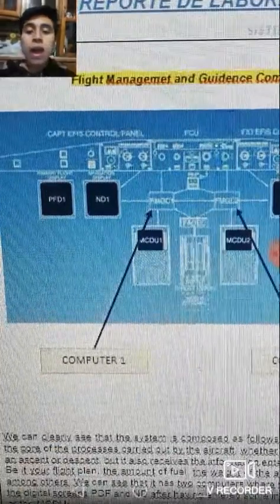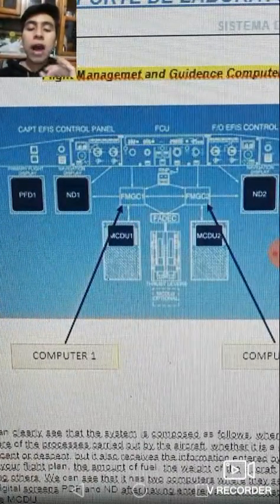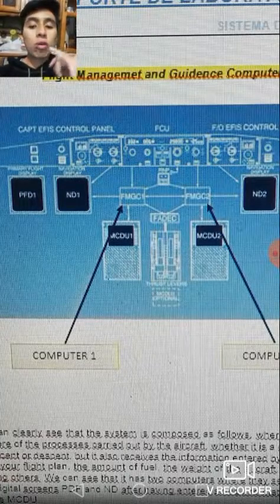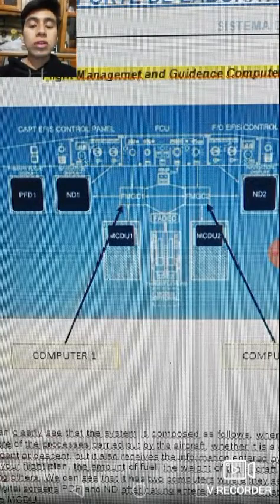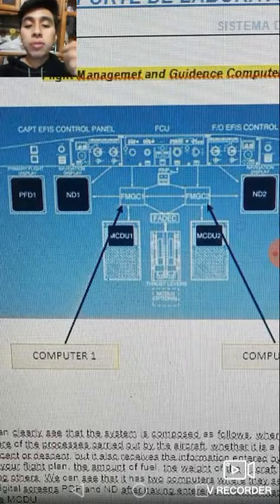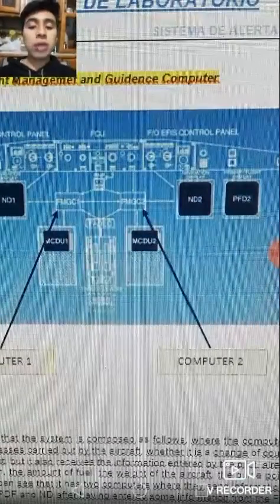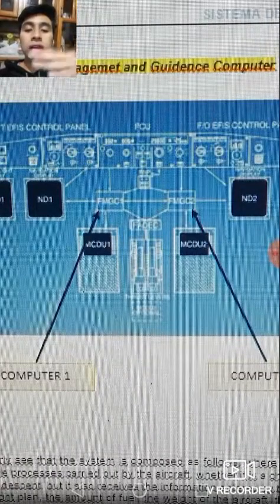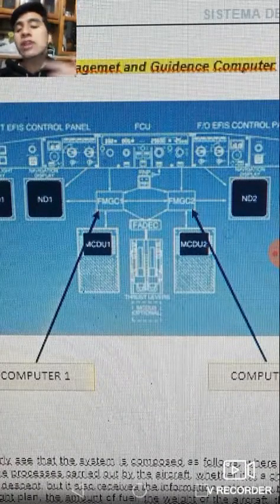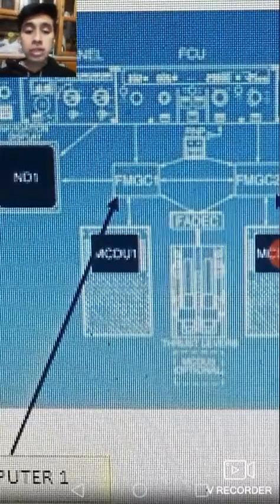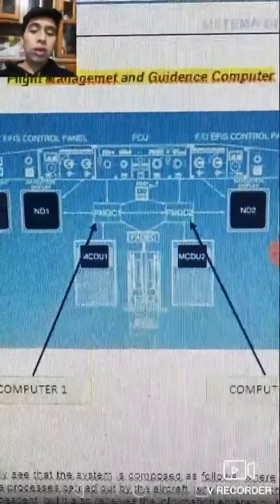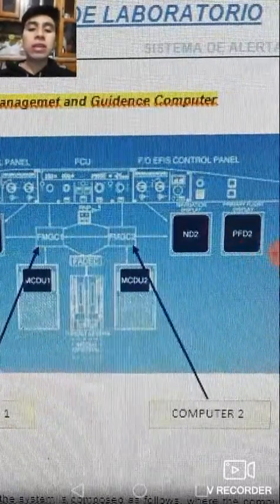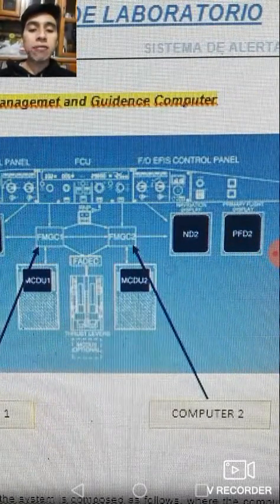So the autopilot has two computers. One computer is for the pilot, and computer number two is for the first officer. Then this computer organizes different topics: MCDU1, MCDU2, navigation display 1, PFD1, and then navigation display 2 and PFD2.